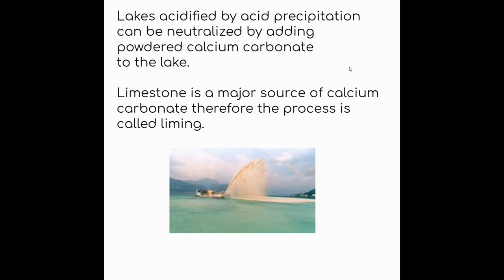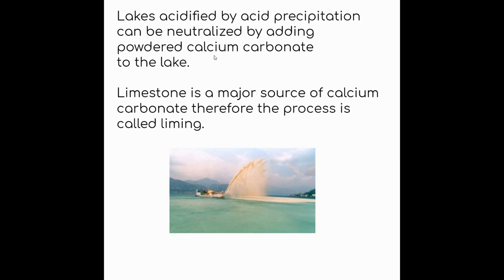When they add it to the lake, because it's a base, the calcium carbonate neutralizes the acid in the water. Limestone, which is calcium carbonate, is the major source for this process.